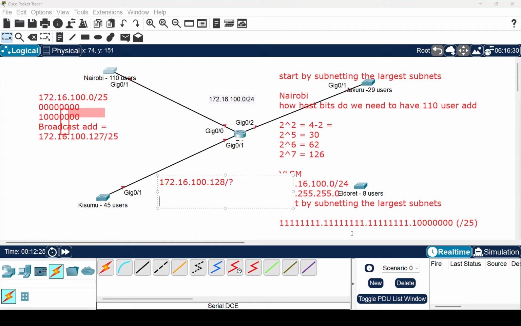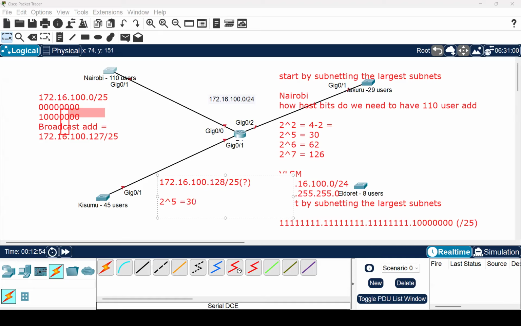So I'll say 2 raised to power 5. But first of all, remember initially here we have 25. So 2 raised to power 5 minus 2 gives us 30, which is not enough for 45 users.